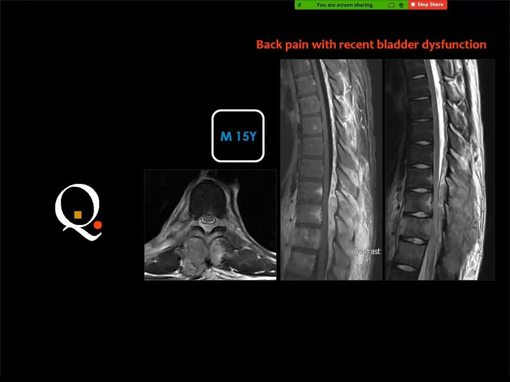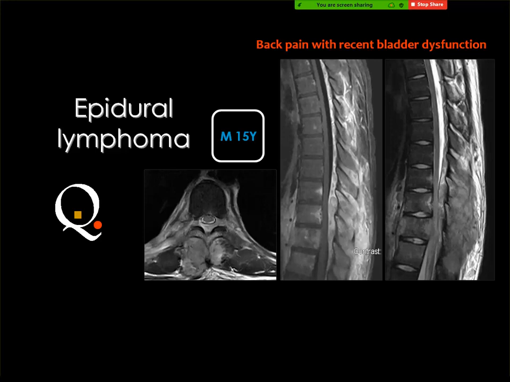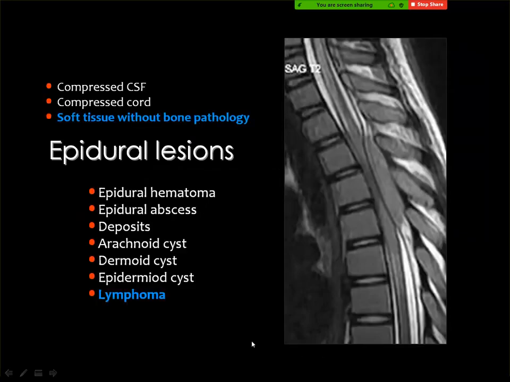Lymphoma. Okay, this is a good possibility because of the age of the patient. If you see a destructive lesion in the neural elements associated with epidural soft tissue component in an old patient, then you think of metastasis. But in a pediatric age patient, you think of lymphoma, and this is good. Actually, the best location for lymphoma is in the epidural space.